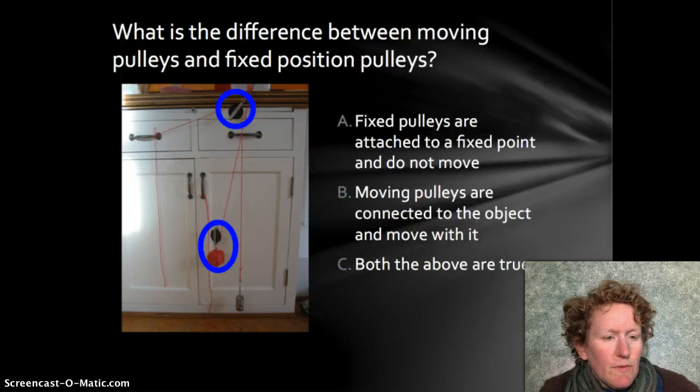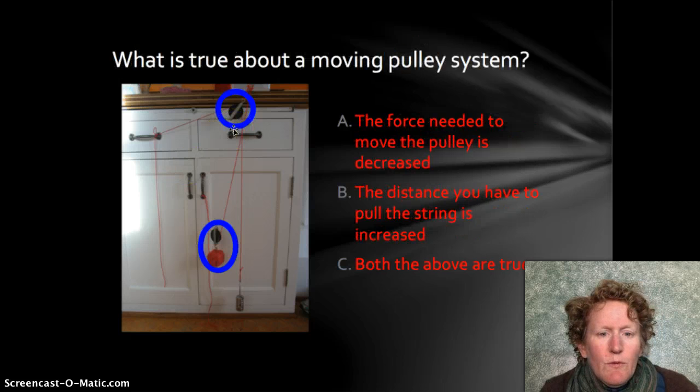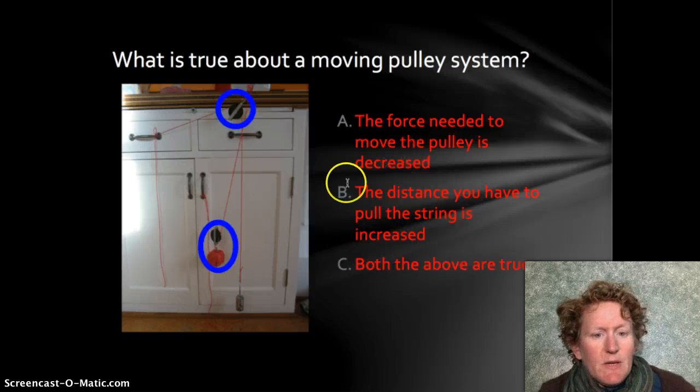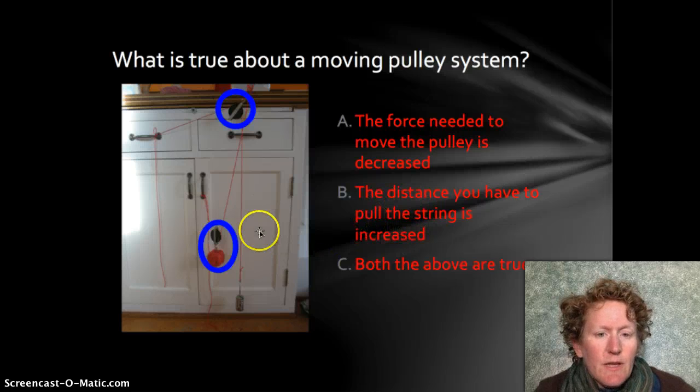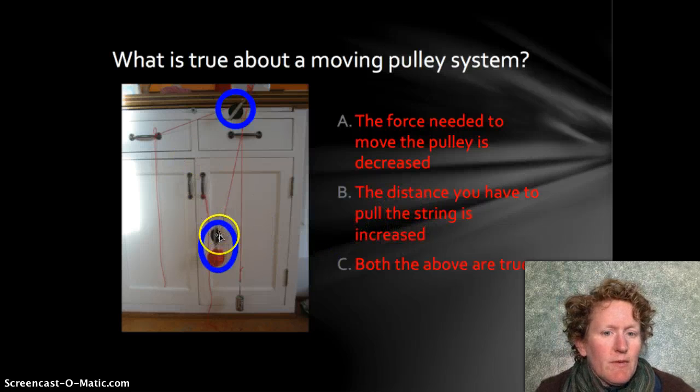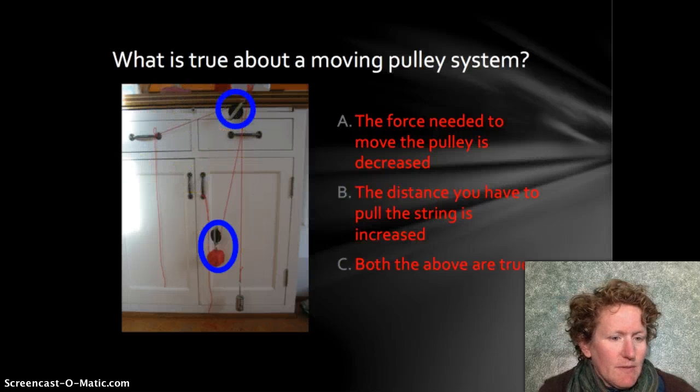They don't move. Moving pulley systems, the force needed to move the pulley is decreased because you do have some mechanical advantage here. And the distance you have to pull the string is increased. When you pull the string up, you have to pull twice as much string as you would with a single fixed pulley system.